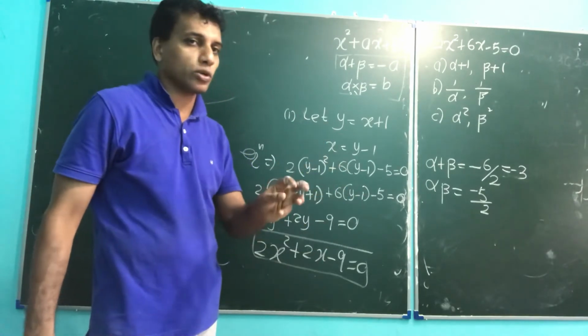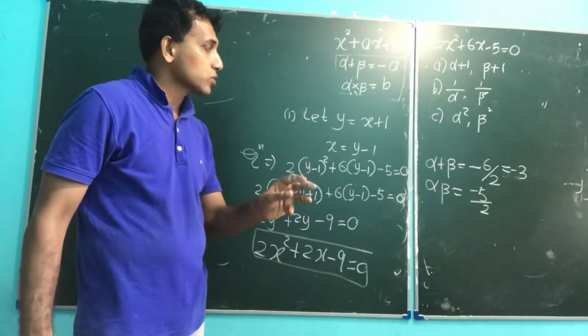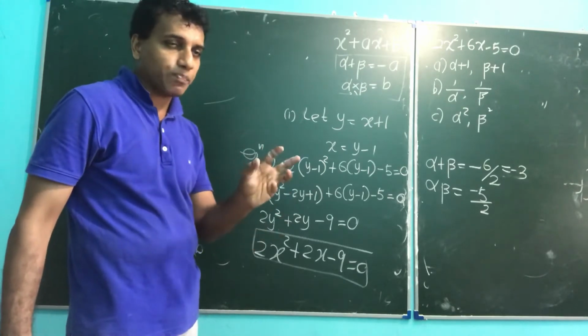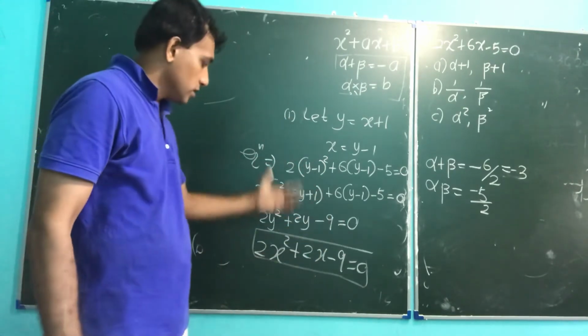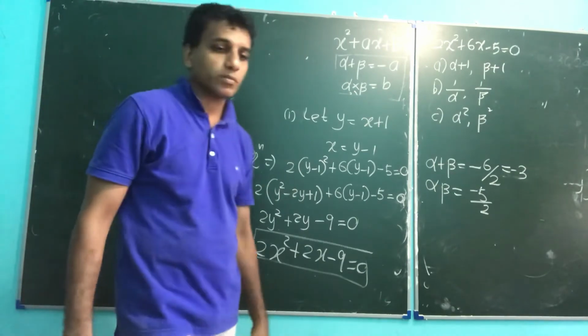If you doubt, you can use the other method also. Sum of the roots, alpha plus 1, beta plus 1 adding, get the answer. Product of the roots, get the answer. Then you have the same fashion.